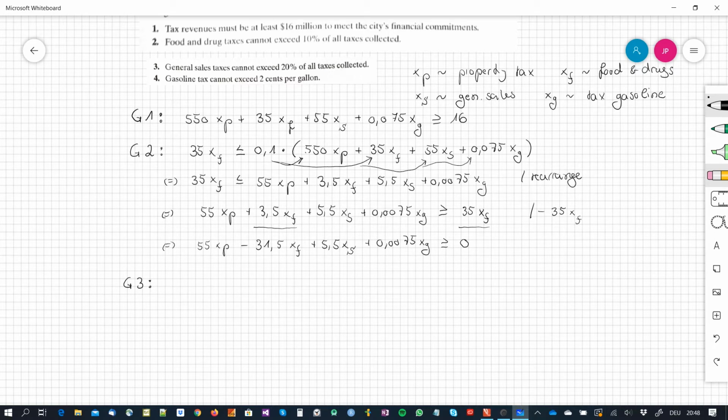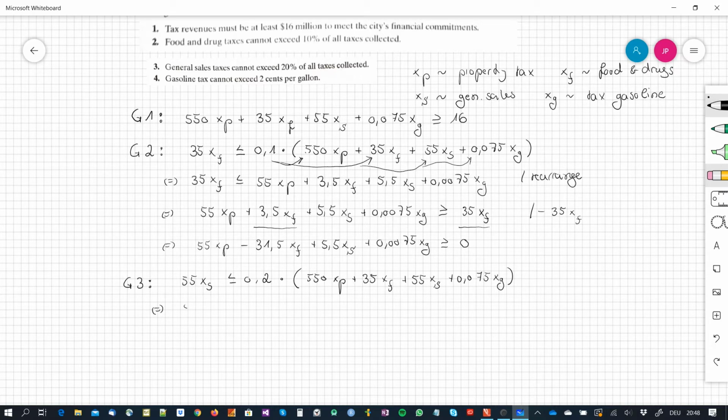So the general sales was 55 XS, and they shall not exceed 20% of overall taxes, so they should be smaller or equal to 0.2 times the overall tax basis. And now we do exactly the same as for goal 2.